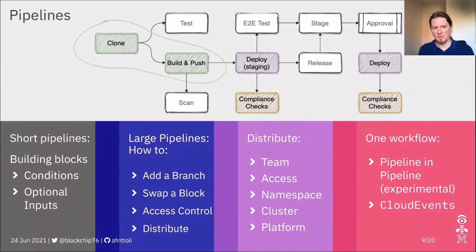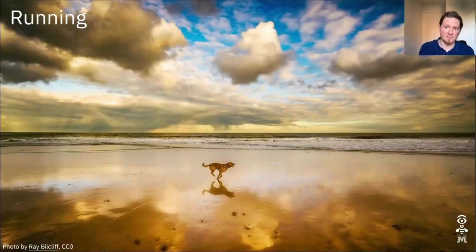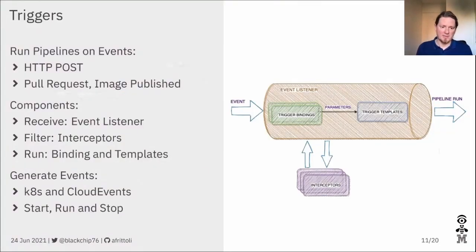And this takes us to the next part of the presentation, where we talk about running pipelines with Tekton. You may start your pipeline by hand, creating a task run or a pipeline run, but usually you will want to run your pipeline as a result of an event.